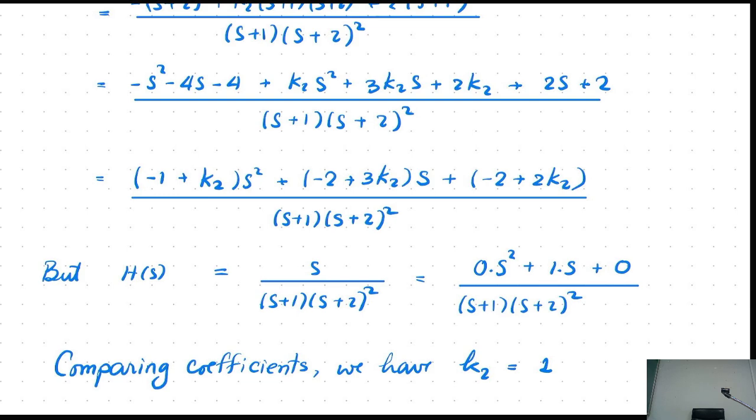Say the third term gives you k2 equal to 1, but the second term gives you k2 equal to -1. There's some inconsistency, which means there is some mistake above, so you have to go back and find it.